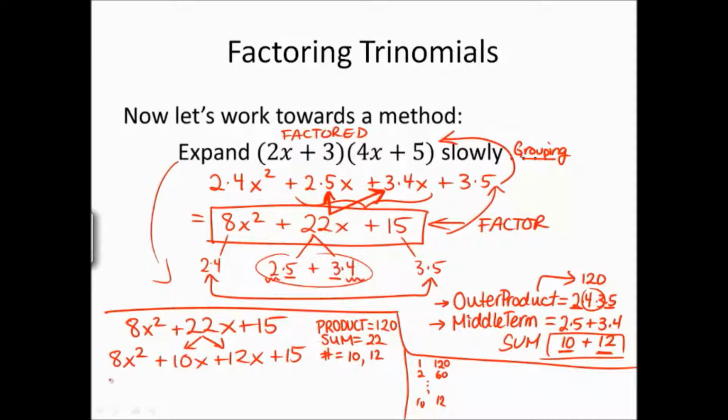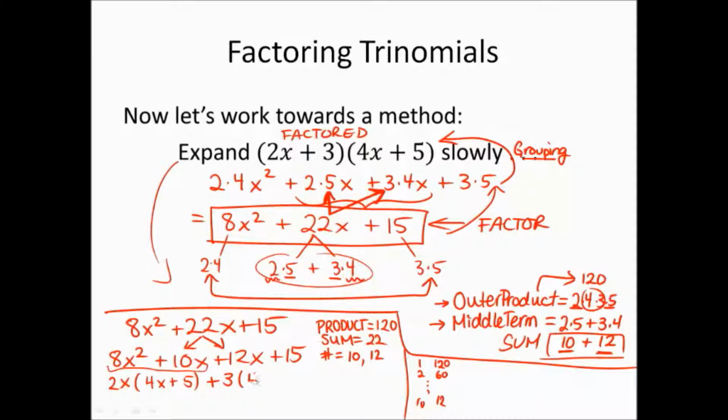Now, let's apply the grouping technique. So factor the first two. What's the greatest common factor of 8x squared and 10x? Well, 2x. That leaves us with 4x plus 5. And what's the greatest common factor of 12x and 15? 3.